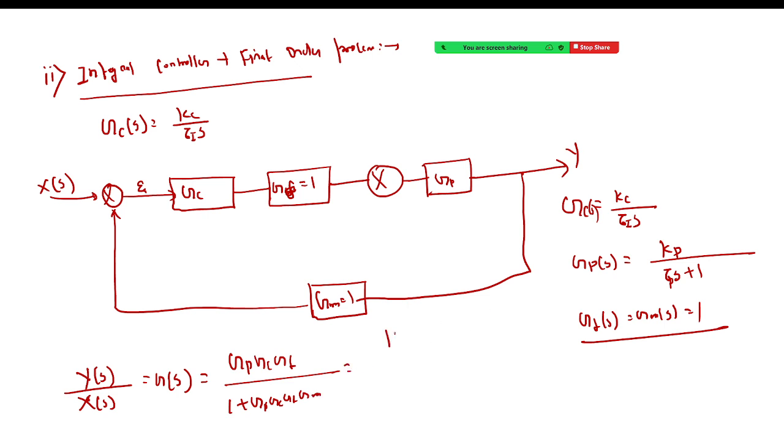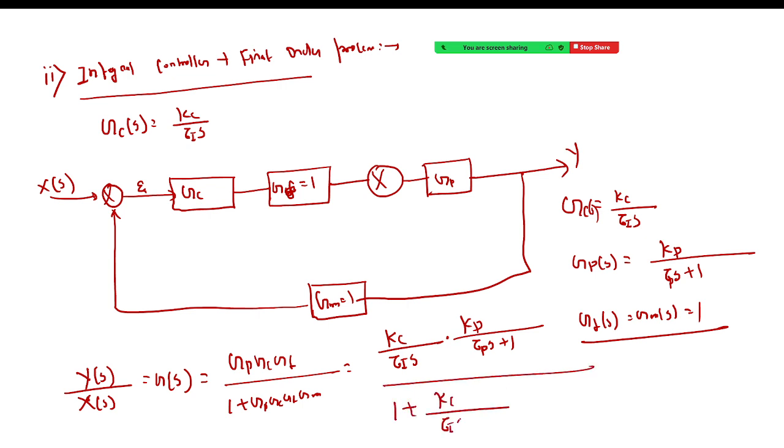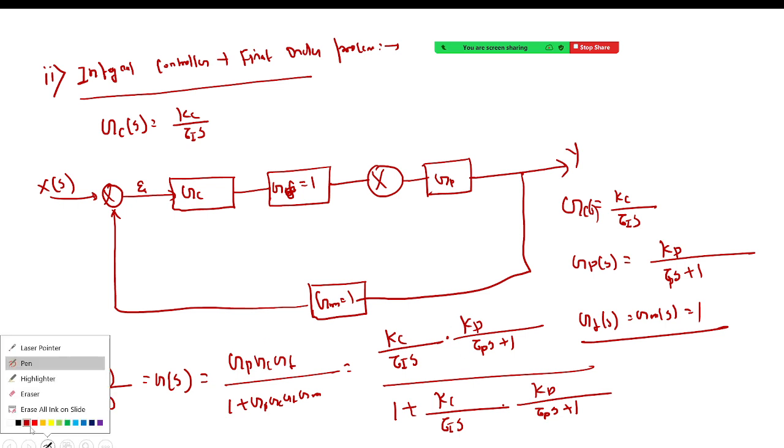So here you can write Kc upon tau I S into Kp upon tau p S plus 1, divided by 1 plus Kc upon tau I S into Kp upon tau p S plus 1. Again you have to do the mathematical operation, and we will get some good observations.